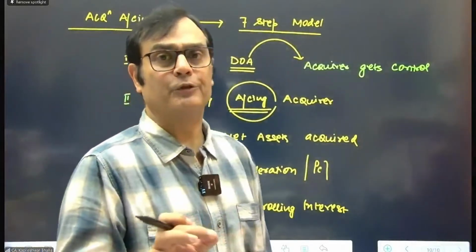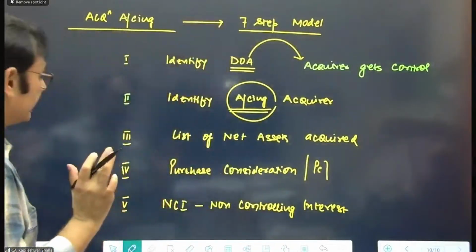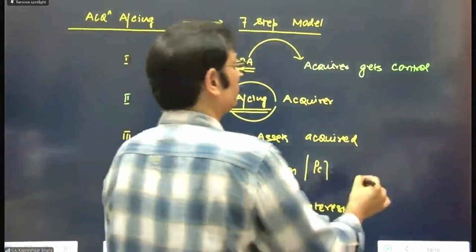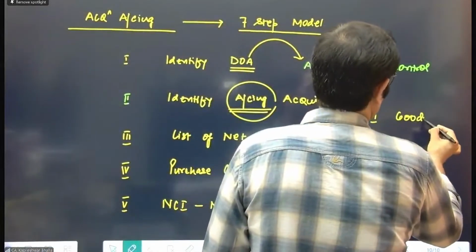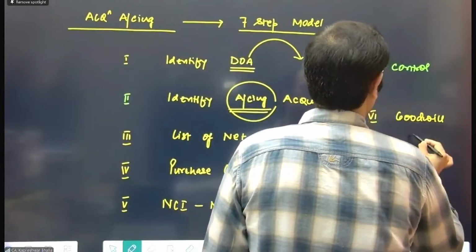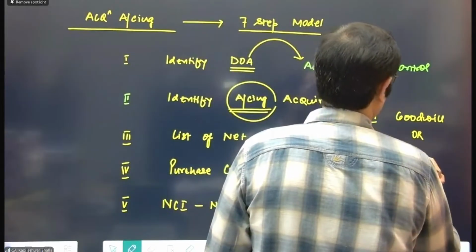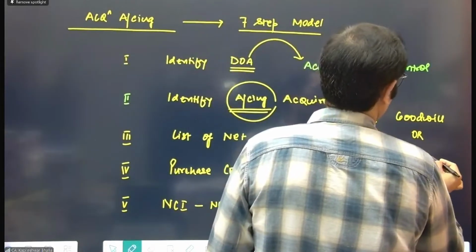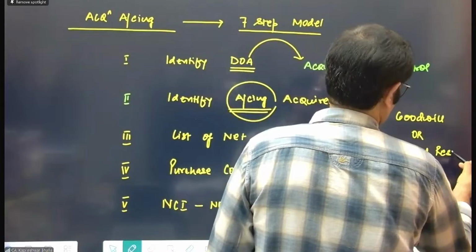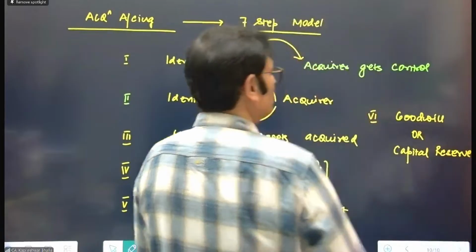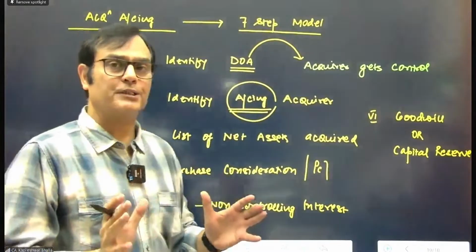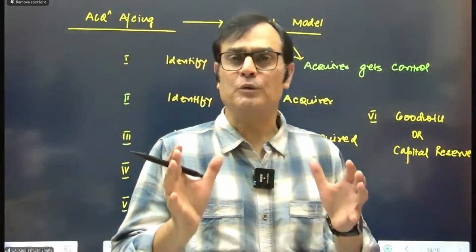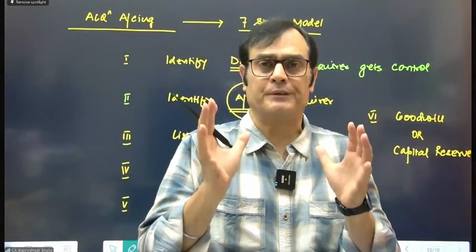Then the next step is step number 6, which is calculating the goodwill, or you can say the capital reserve, what we call the bargain purchase gain. And step number 7 is organizing all this information into a single acquisition entry.